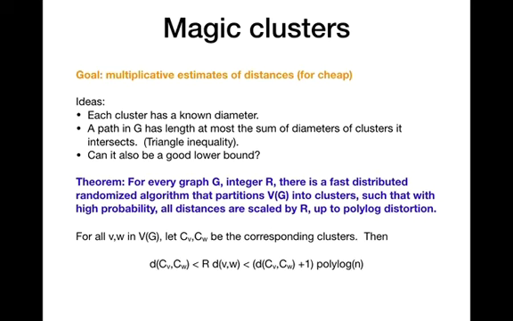It means that this algorithm constructs these clusters, and then for all v and w in the original graph, if CV and CW are the corresponding clusters, then the distance between the clusters in the cluster graph is at most r times the graphical distance between v and w, which in turn is at most polylog n times the distance between the clusters plus 1.